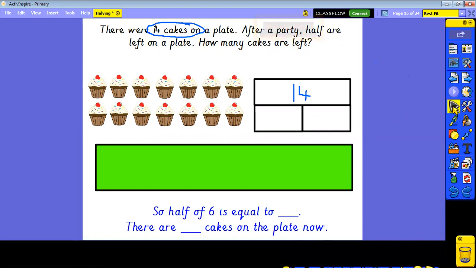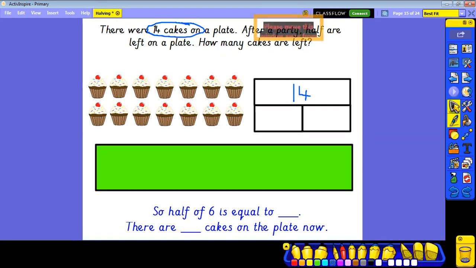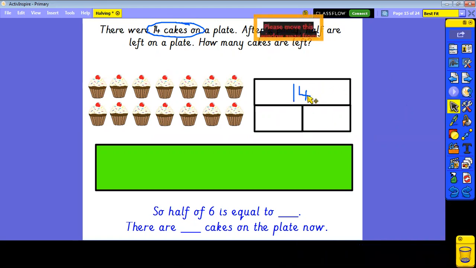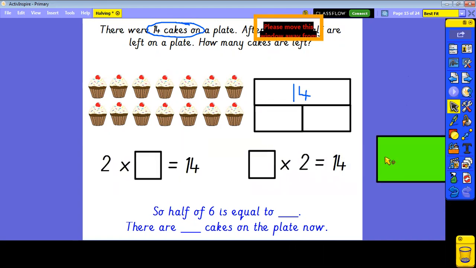After a party, half are left. So what that means is half means that I am splitting it into 2 equal groups. And because I am splitting it into 2 equal groups, that means 2 is going to be a factor. Now what we can say is that we know that 2 groups of something is going to equal 14.